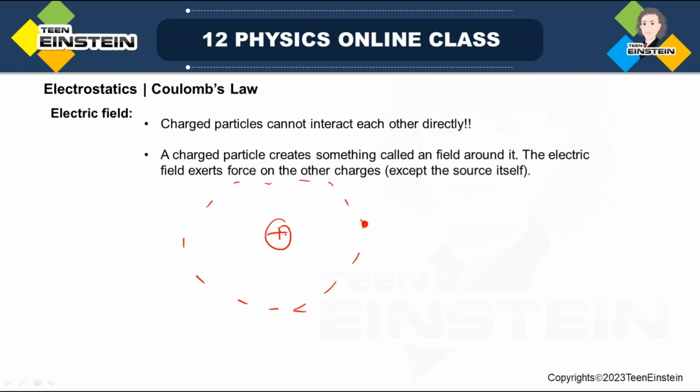If you have a point charge particle over here, there will be a certain region within which the effect of this positive charge will persist, and any charge you bring at any position will experience a force.